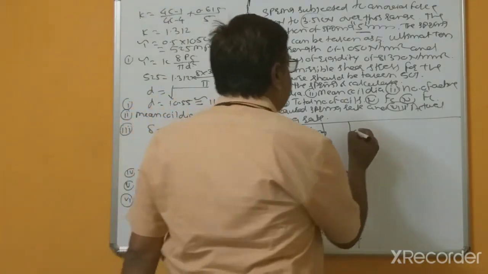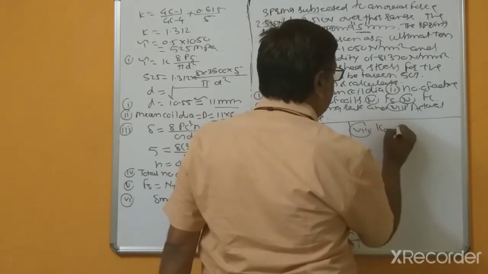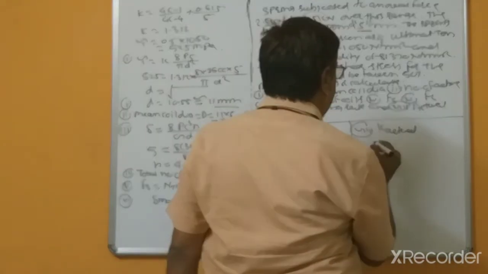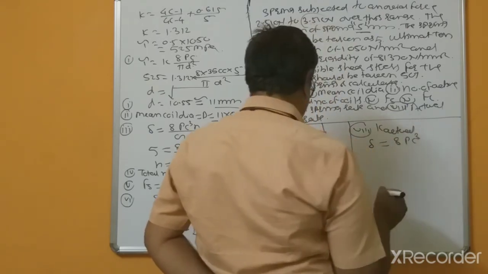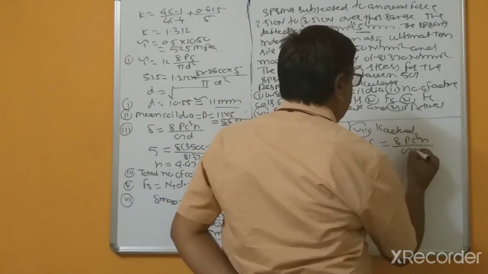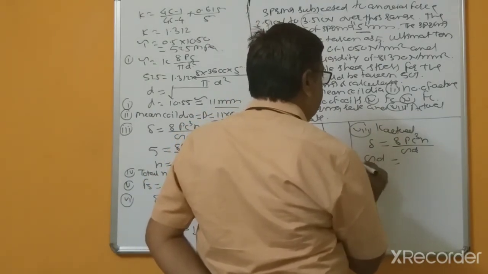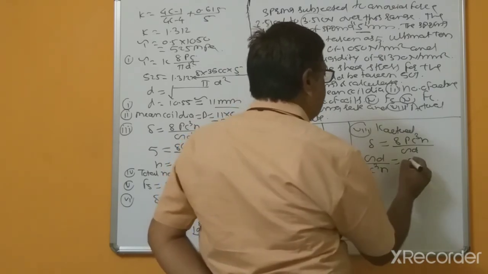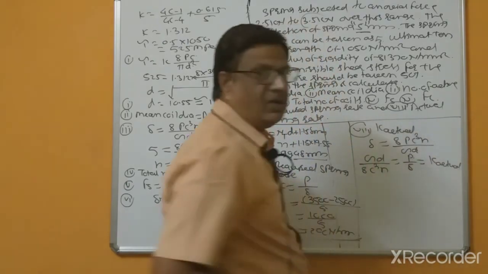Lastly, actual spring rate. What is the formula? Delta equal to 8PC cube into n divided by GD. So we can rearrange, this is GD divided by 8 C cube into n, and P divided by delta is nothing but the actual spring rate.